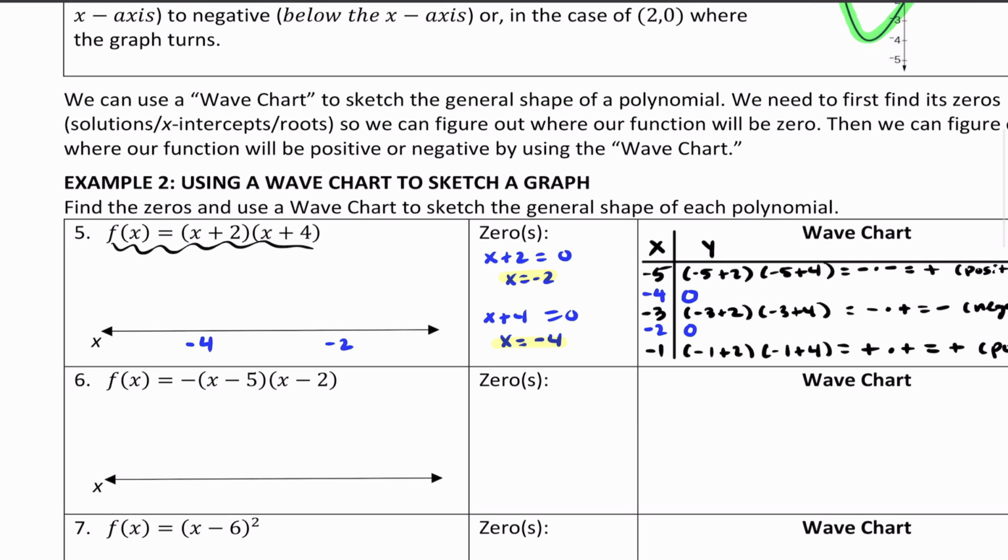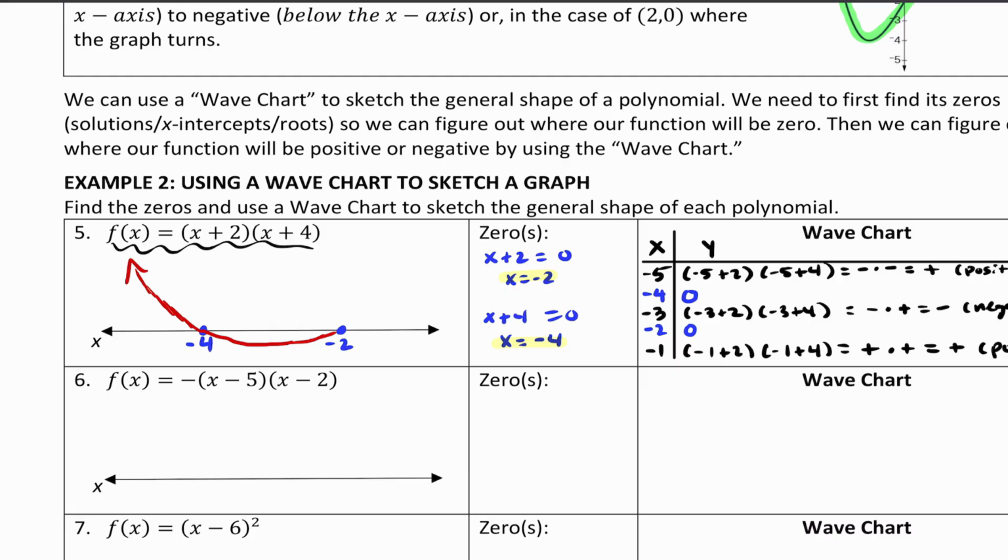Okay? So let's go ahead and put points on -4 and -2. So to the left of -4, we know it's going to be positive, right? Between -4 and -2, that's where the line is negative.